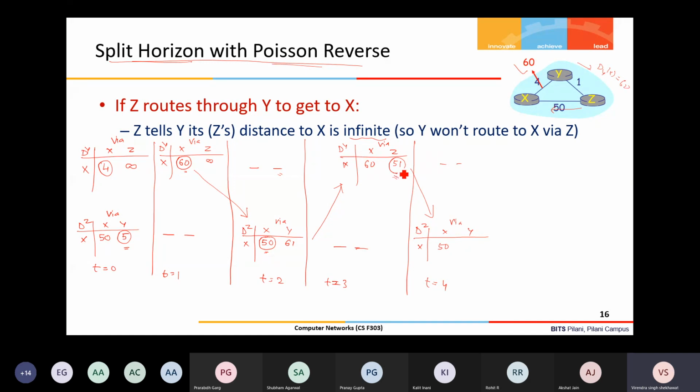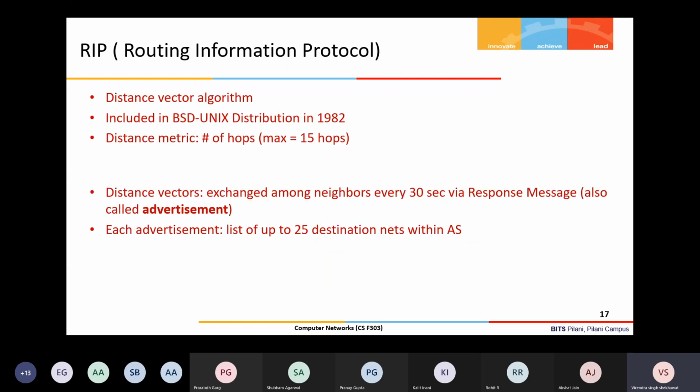When y says my least cost is 51 for destination x, this cost is via z, and actually it learns this route from z only, so it should not tell the correct value. It will tell z a poisoned value, so here it will apply poisoned reverse.